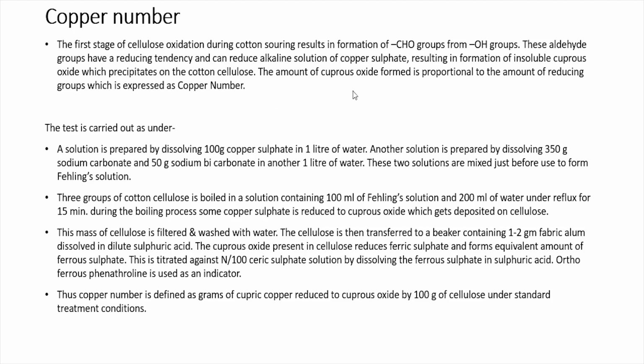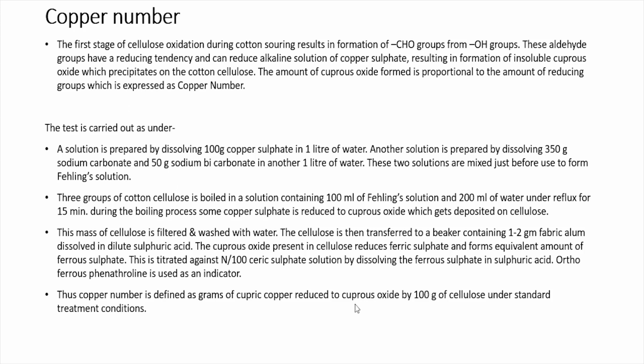The amount of cuprous oxide formed is proportional to the amount of reducing groups, which is expressed as the copper number. The amount of cuprous oxide formed on the fabric is measured by titration, and that indicates the copper number. So this is the test method.